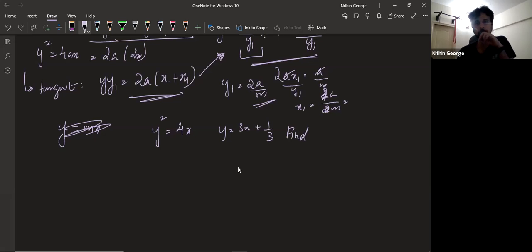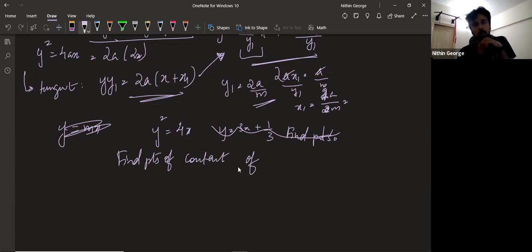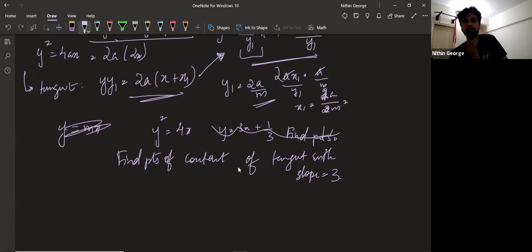Find points of contact of tangent with slope equal to 3.